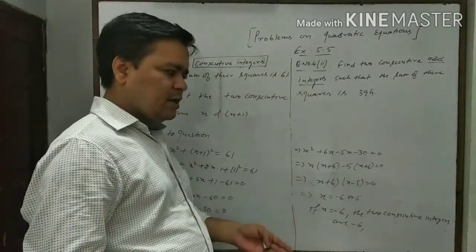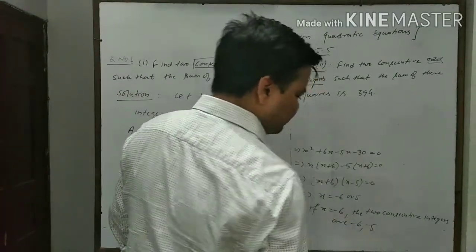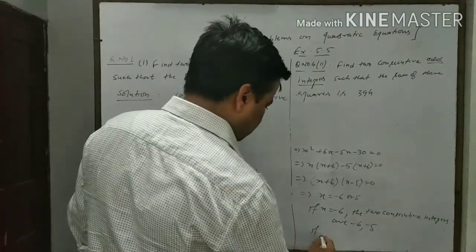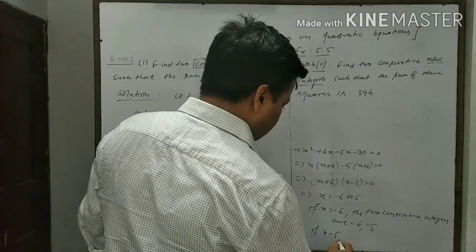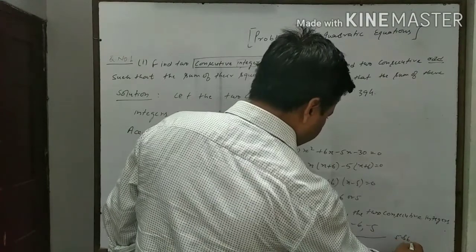So minus 6 plus 1, that is minus 5. And if x is equal to 5, then the two consecutive integers are 5 and 6.